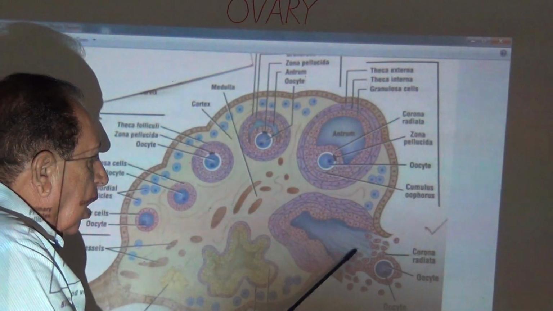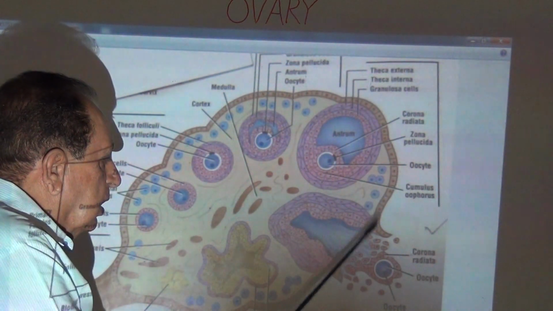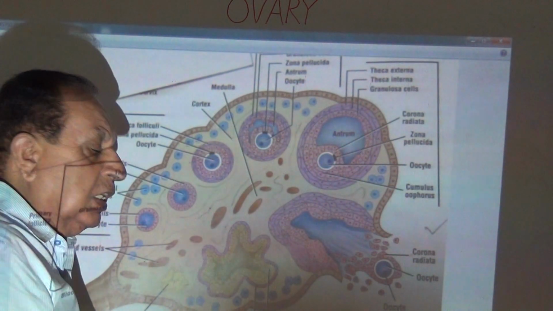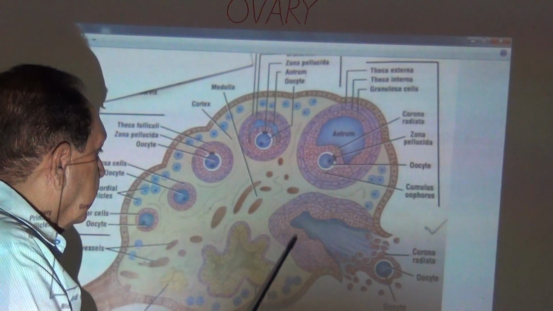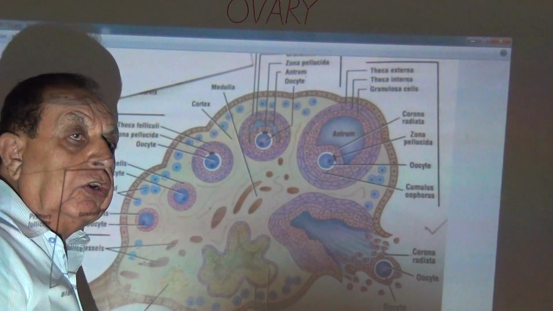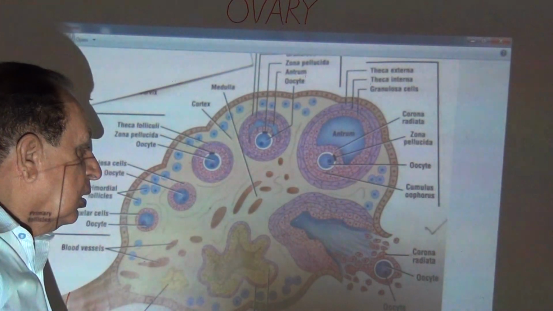So, after 14 days, the oocyte discharges outside with the corona radiata, and the remaining portion left is called the corpus luteum. Now, what happens?